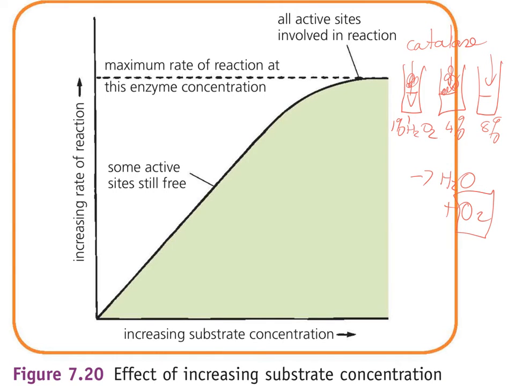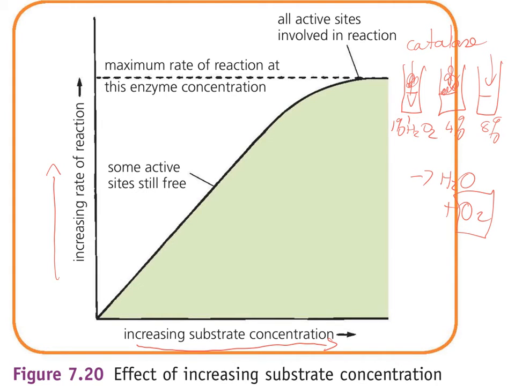So what we're doing here is we're looking down here at the bottom of the graph where the concentration of the substrate has been increased. So we're going from 1% upwards to 8% or 16% or whatever. And then up the side here we're looking at the rate of the reaction, so measuring the rate of the reaction.